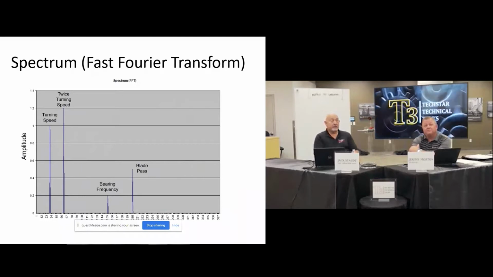If we have our amplitude and our frequency, we can pretty much diagnose what's wrong with machines. RPM plays a big part of this. You have to know what the RPM of the machine is, so you can see if your frequencies all line up to the rotational speed.